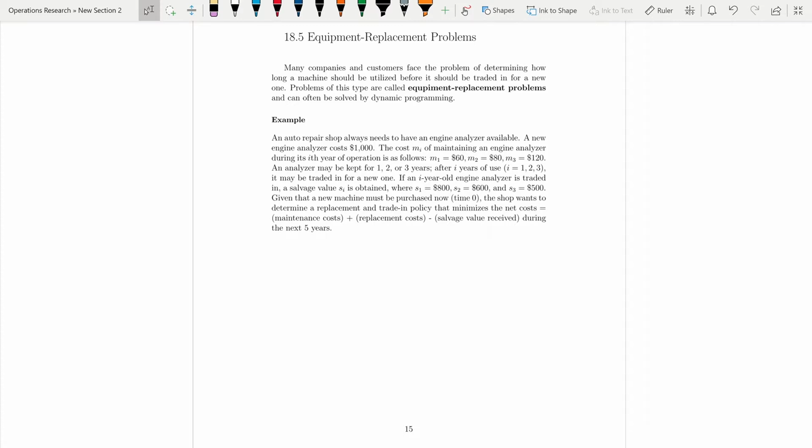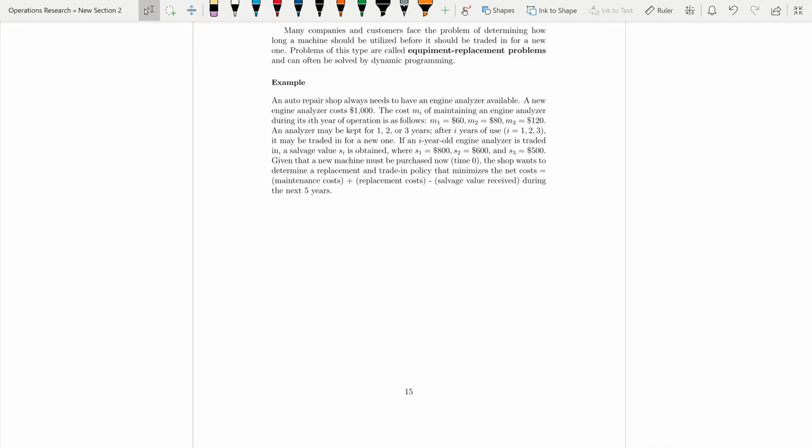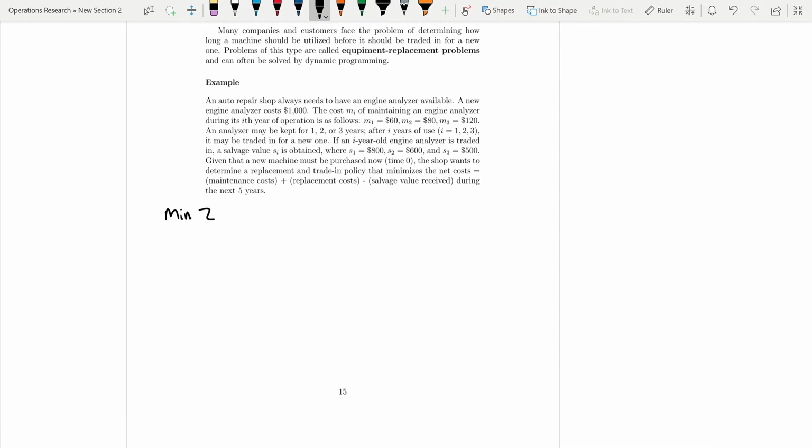Given that we purchase a new machine at time 0, we need to figure out the best replacement to get a machine for the next 5 years. So what we're doing here is trying to minimize our cost. I'm going to write min, just call it Z. This is going to be our maintenance cost, plus the replacement cost, minus the salvage cost, because when we sell it, we're going to get money back.